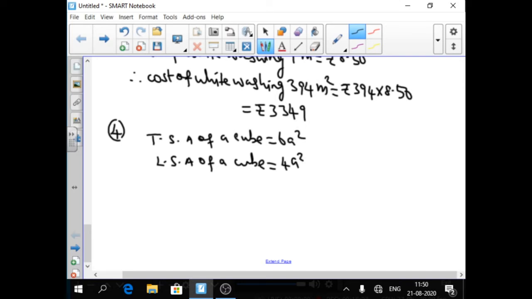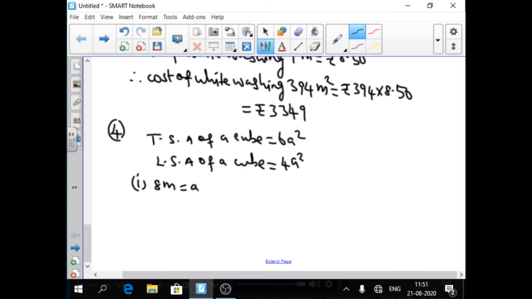First subdivision. So already known the value 8 meter. Find the total surface area and lateral surface area of a cube. So substitute the values. So 8 meter is equal to a.